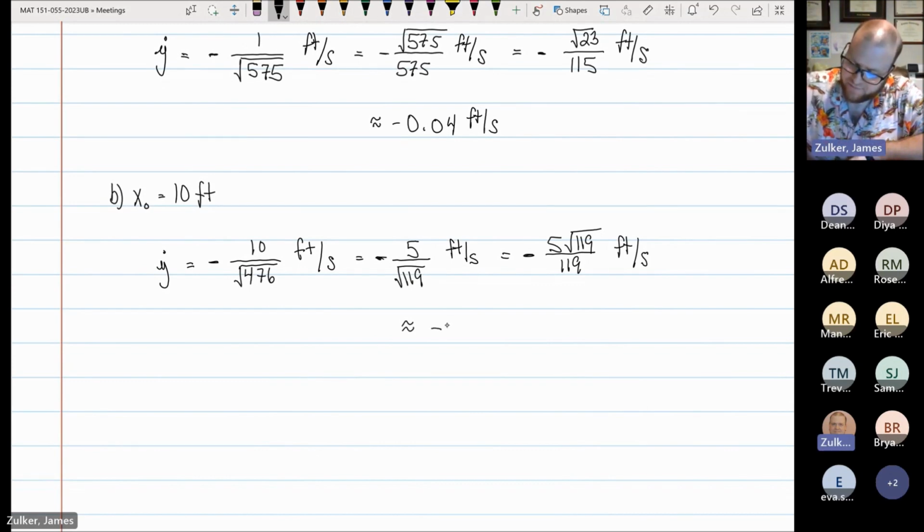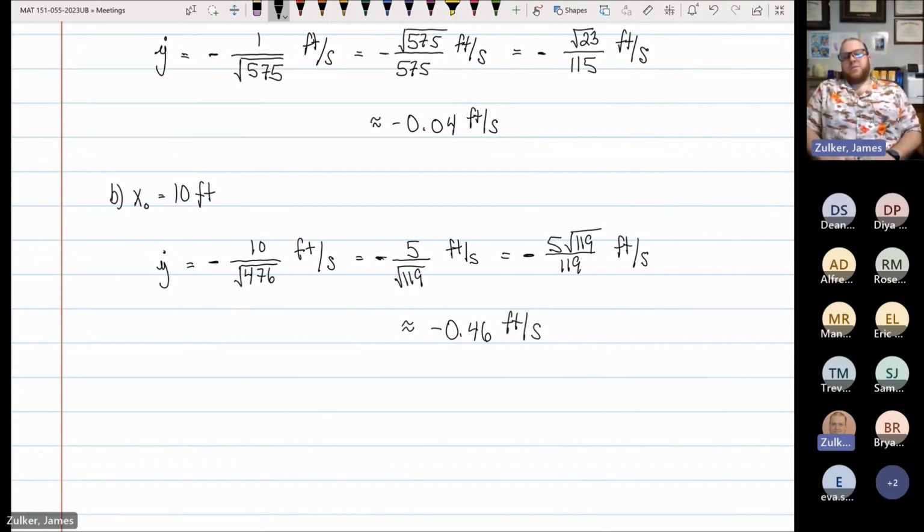And just for perspective, about negative 0.46 feet per second.